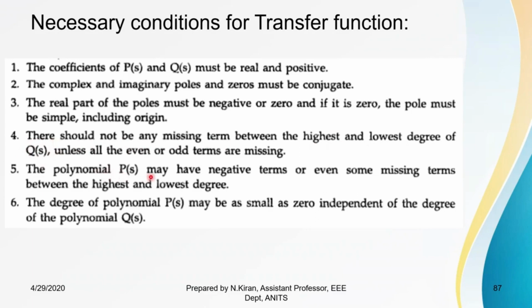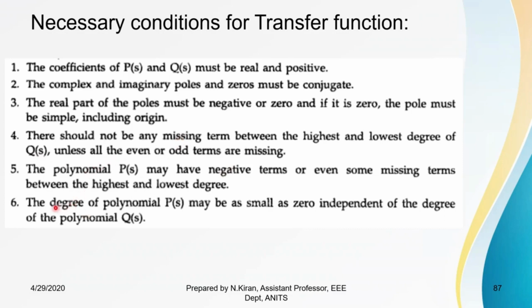But in the numerator polynomial, we can have some missing terms or negative terms, but that is not allowed for the denominator polynomial. So for a transfer function, the numerator can have missing terms and negative terms, and the denominator must not have any missing terms.